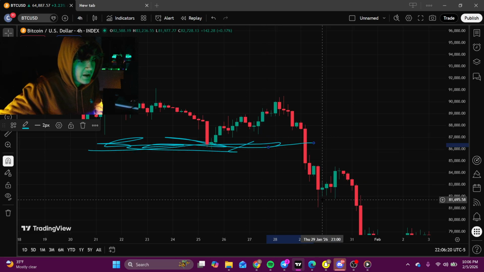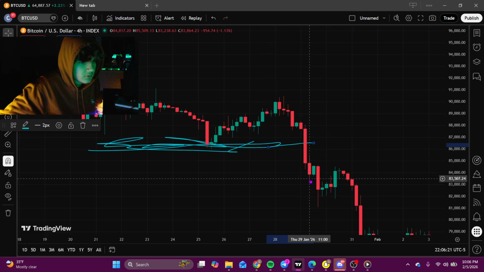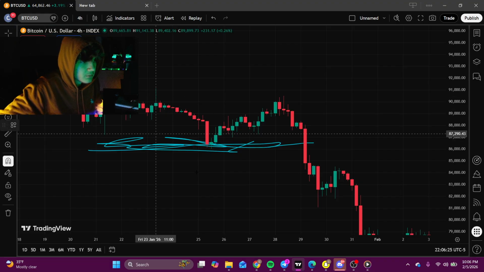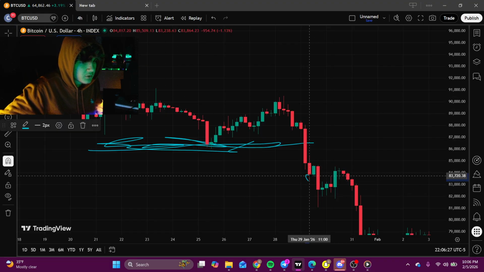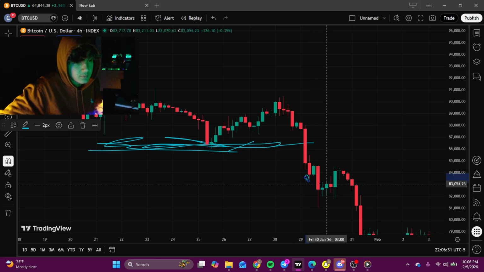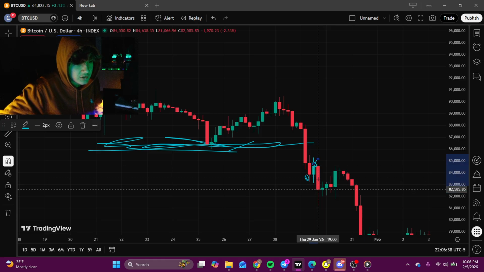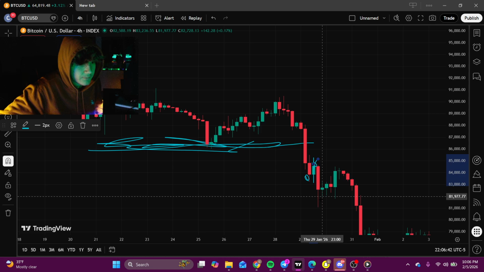Price comes down, new low, comes down to here. Sellers push the price down to right here. And then the buyers stepped in and they created a lower high right here at that green candle. But then the sellers made a lower low. Alright.